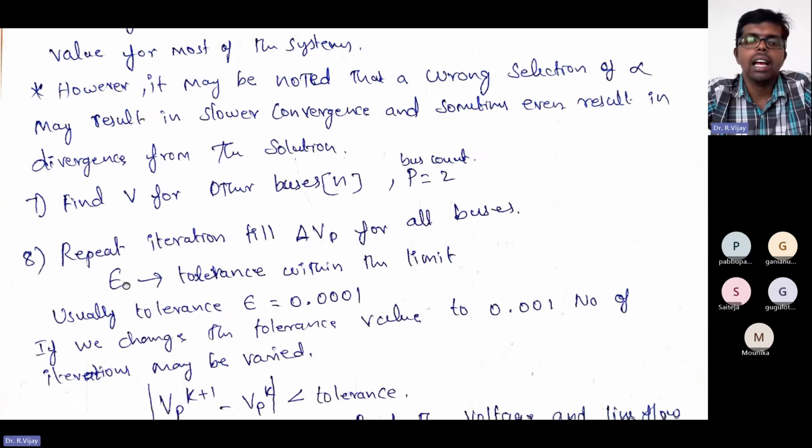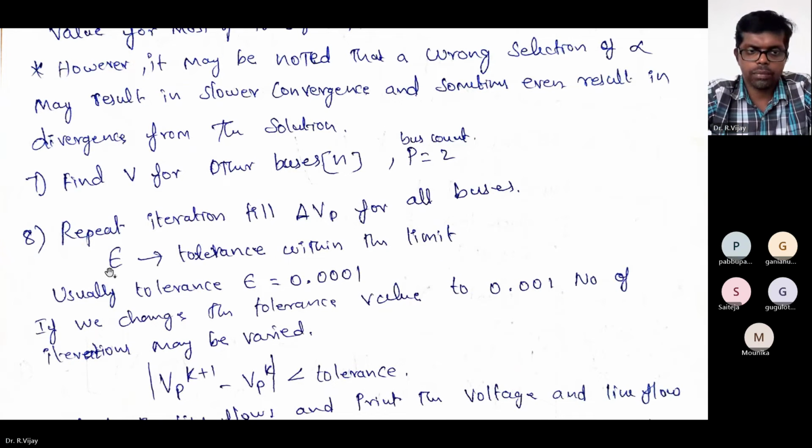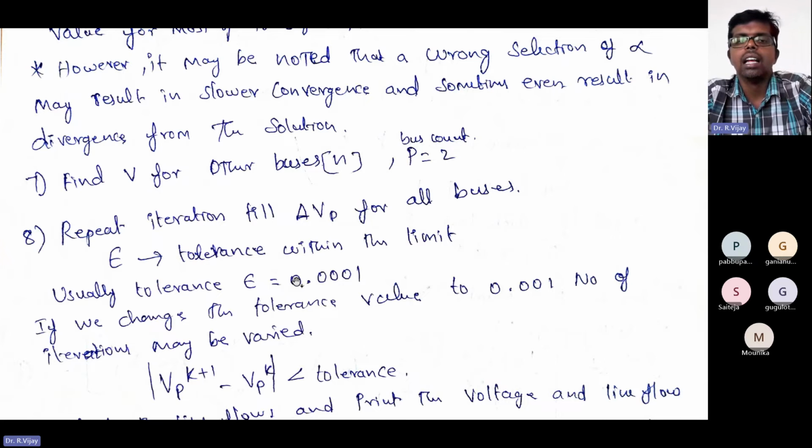Next step. This is zeta, which is nothing but the tolerance value, the limit. For the tolerance value zeta, we are taking 0.0001. Here also you may get the question, why are you taking a tolerance value of 0.0001?